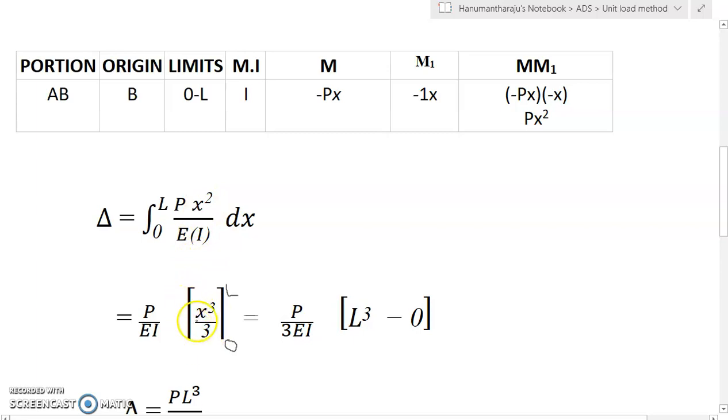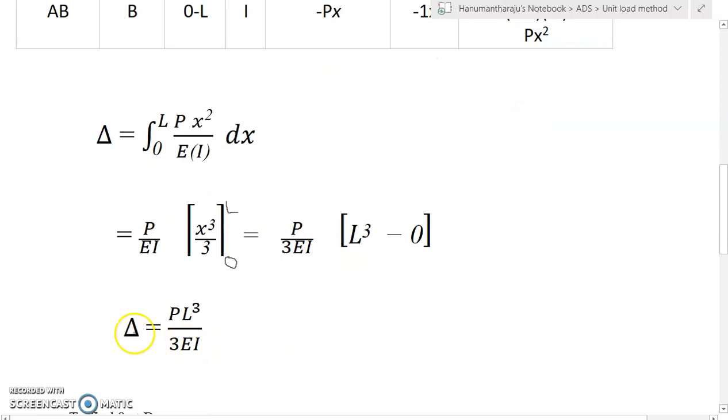You can see here x cube by 3, limit is 0 to L. Now apply the limit. Upper limit is L cube minus lower limit is 0. Therefore, this comes out to be PL cube by 3EI. This is the deflection at the free end at point B.